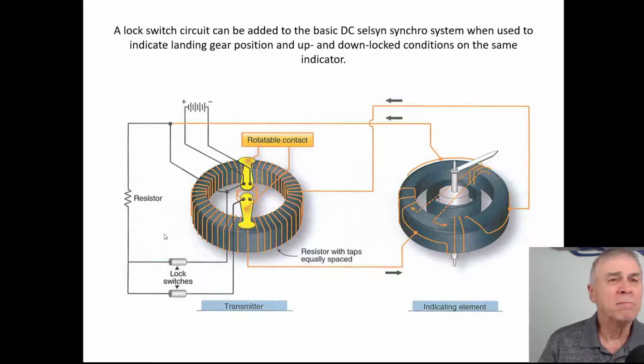All right, that's getting into it pretty deep, but basically they're illustrating here whether or not the switches will indicate whether the landing gear is down and locked or up and locked. And that will basically run the indicator off here on the toroidal coil.